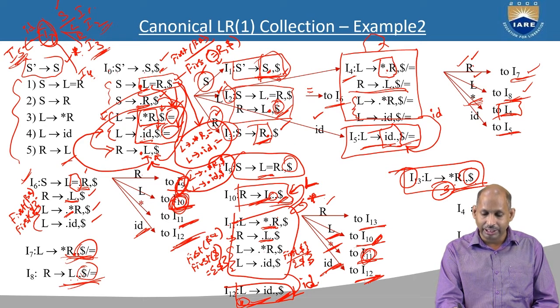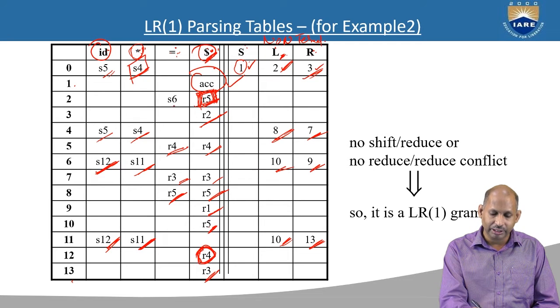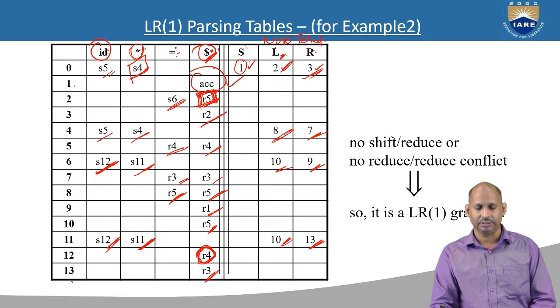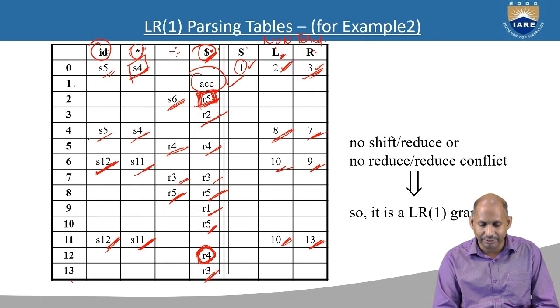On assignment, it is going to I6, so S6. Then I2 is over.